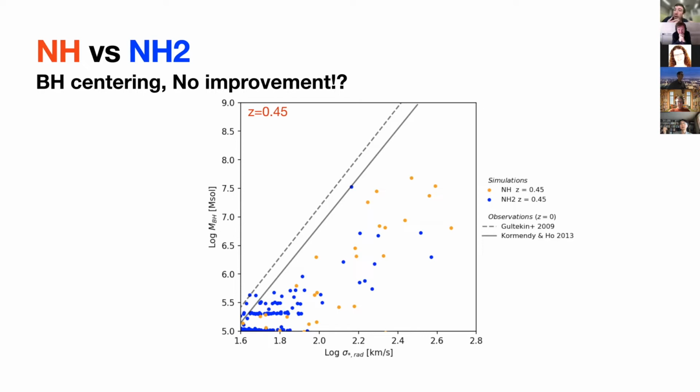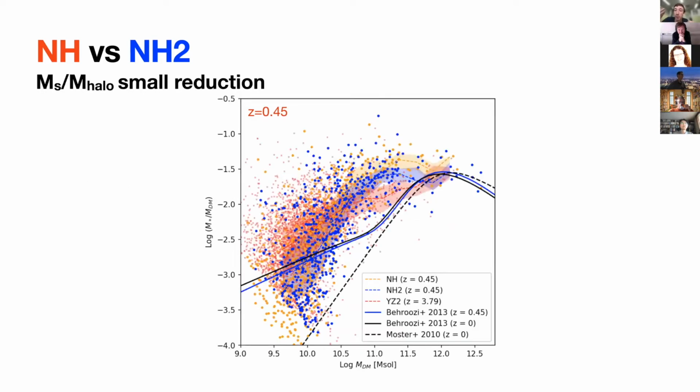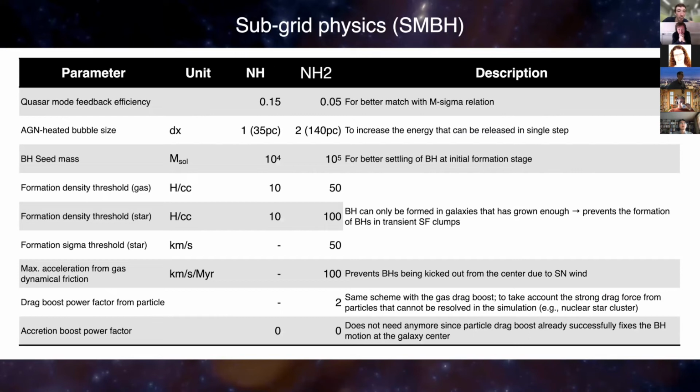My question was more, what are the differences? If you have made a calibration, it means that you have changed stuff with respect to Horizon. Yeah, there are a few changes. Basically, we tried different values of dynamical friction, gas and stellar, and so on.